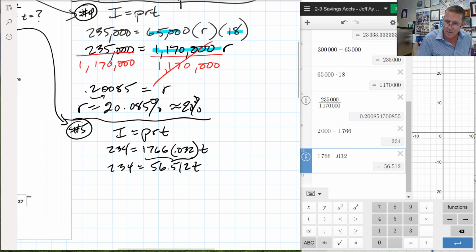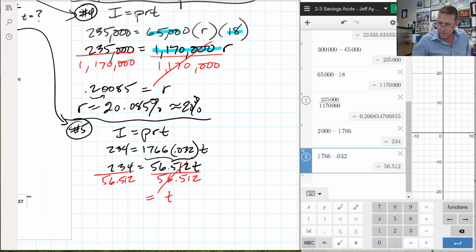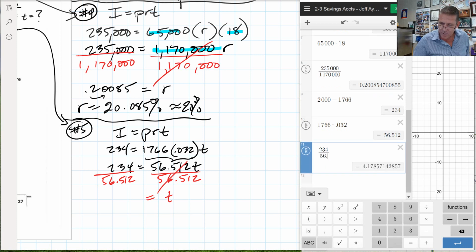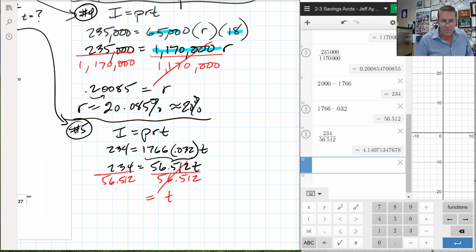Now divide by 56.512 on both sides, and you'll get t, the number of years. So 234 divided by 56.512, and we get about 4.14 years. So about 4 years.